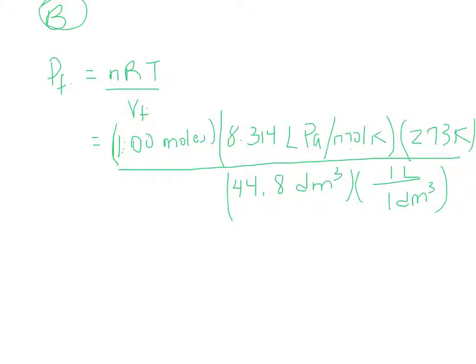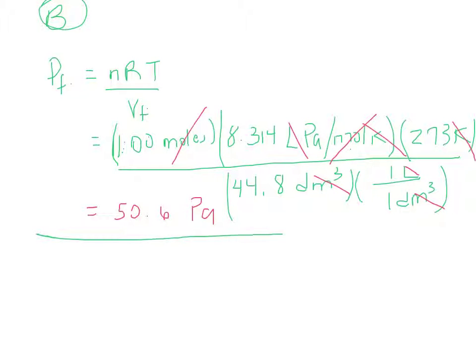So now we just simply do our cancellations. Our moles cancel, our Kelvins cancel, our cubic decimeters cancel, our liters cancel, and we're left with an answer for the value of our pressure of 50.6 Pascal. Now, that's our final pressure.